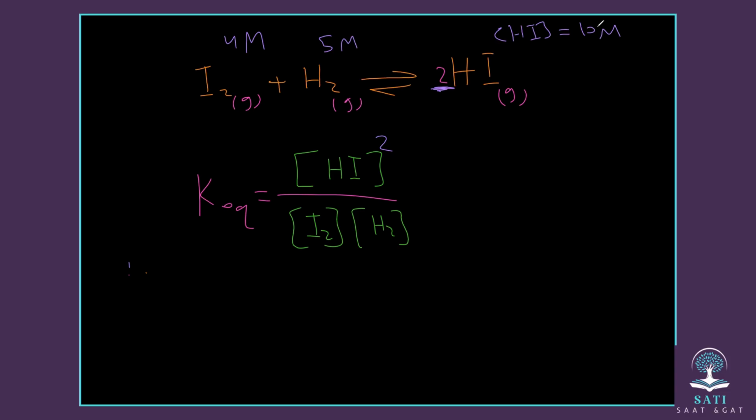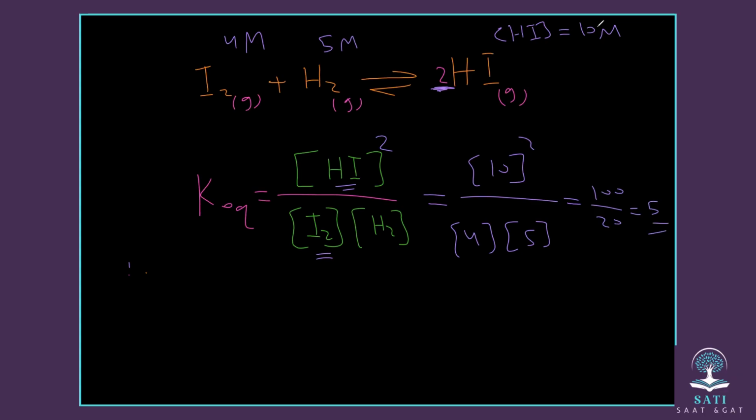So if you apply these numbers in this equation, HI here is 10, so it's 10 squared, over 4 multiplied by 5. That means it's 100 over 20, which equals 5. So the equilibrium constant here is 5, and it is the products concentration over the reactants concentration.